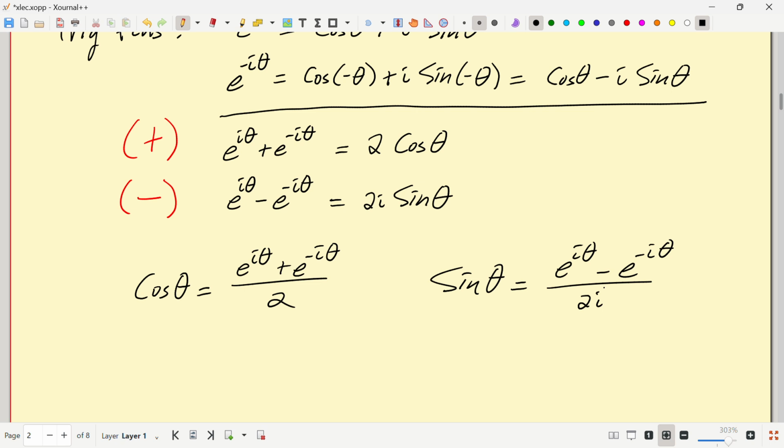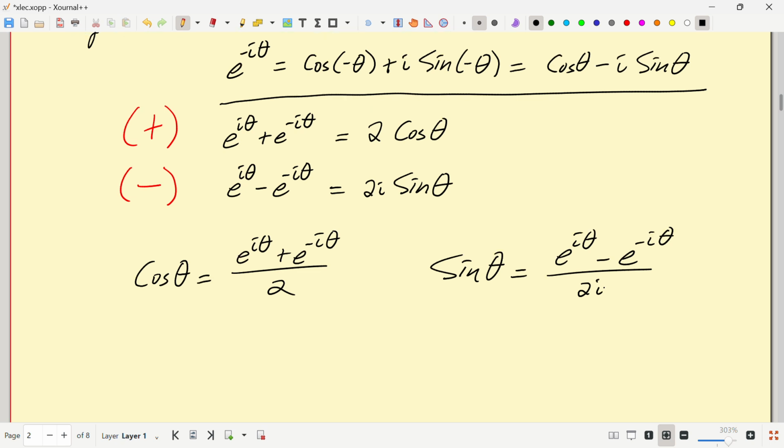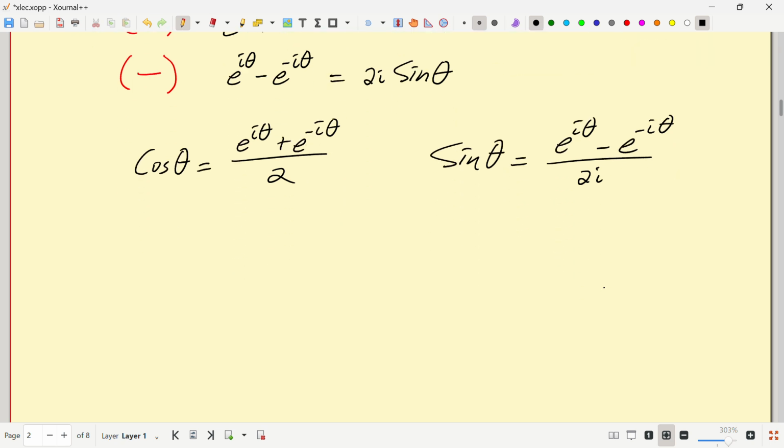Okay. All right, so I told you we're going to study Fourier series today. The big question is, we've got a function and we want to expand it as a Fourier series.